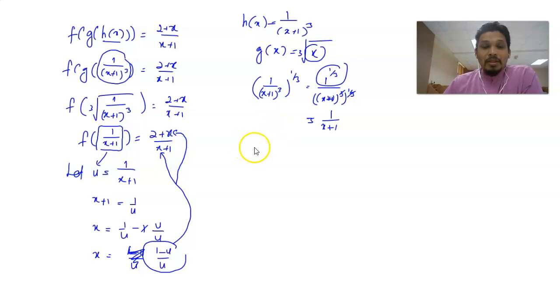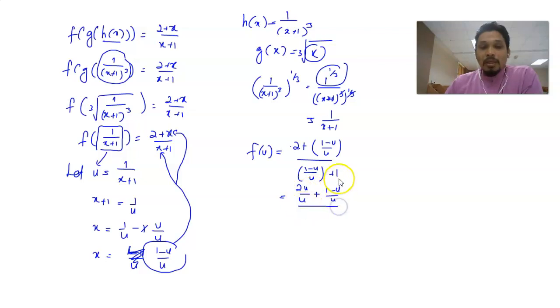Okay, so then f of u equals 2 plus x, where x is 1 minus u divided by u, divided by x plus 1. So this changes in terms of u into 2u divided by u plus 1 minus u divided by u, divided by 1 over u.